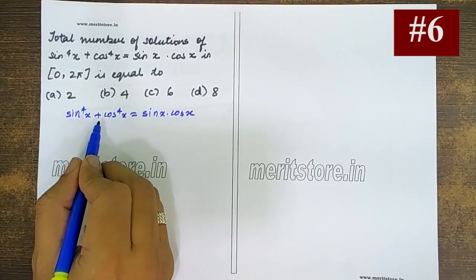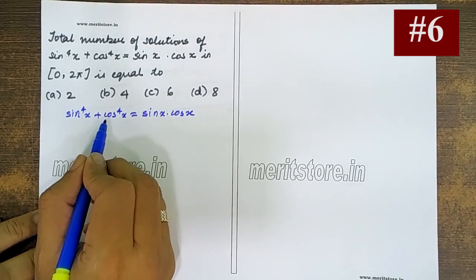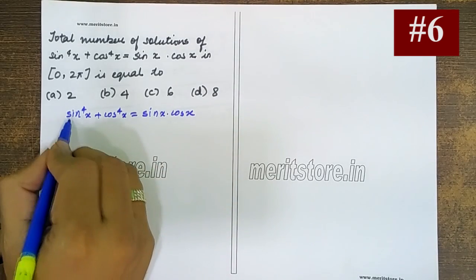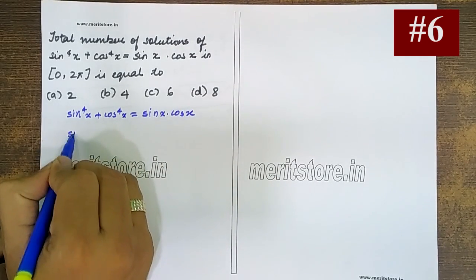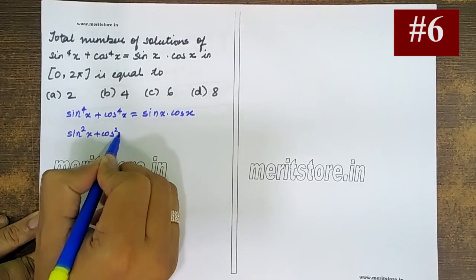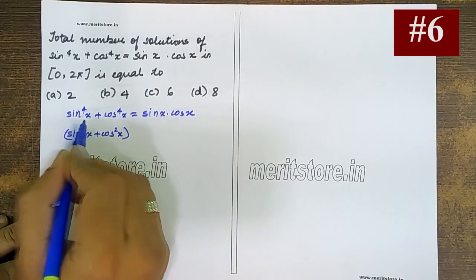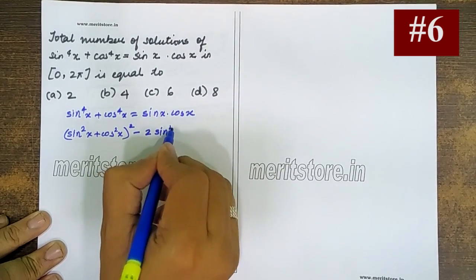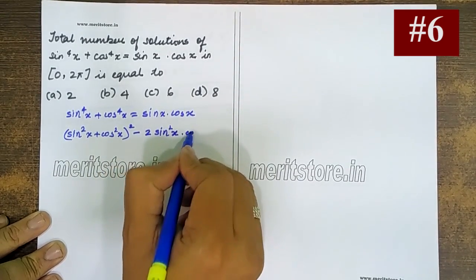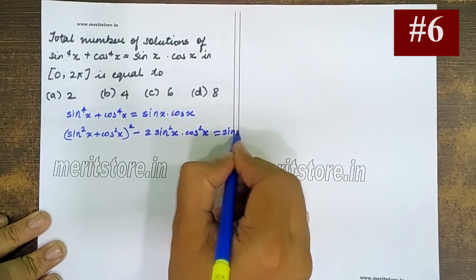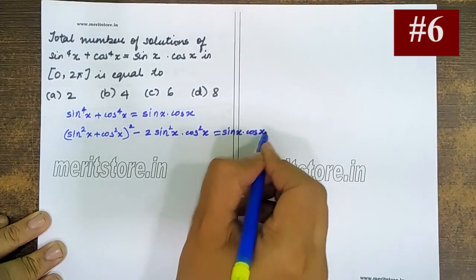Now here if you apply the formula, a square plus b square the whole square minus 2a square b square, so this will become sin square x plus cos square x the whole square minus 2 sin square x into cos square x is equal to sin x into cos x.